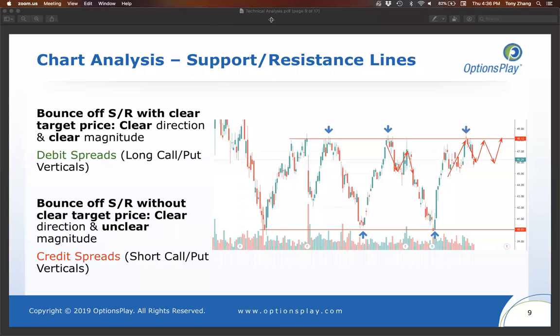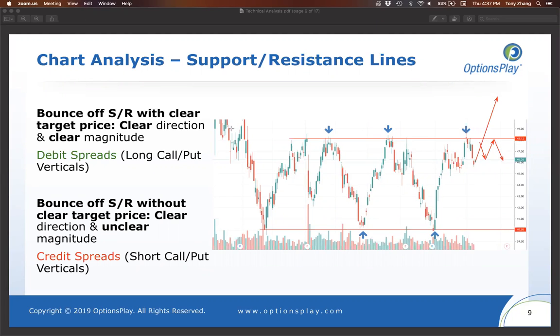If that's the case and you're not overly bearish when it hits that resistance level, what you can do is sell a credit spread. A credit spread allows you to take advantage of the stock basically not moving any higher. So as long as the stock doesn't move higher like this, you're going to be able to make money even if the stock stays just sideways here within this tight range.